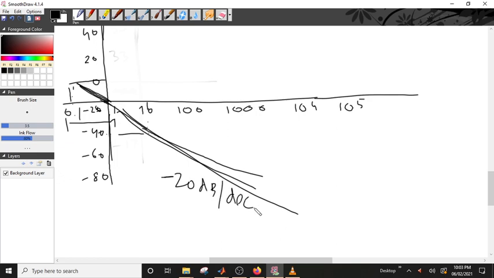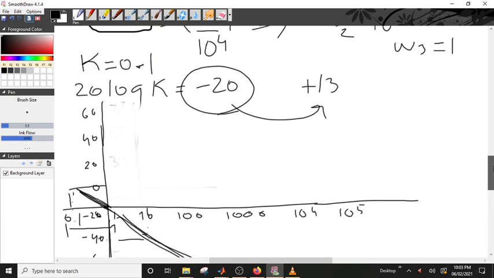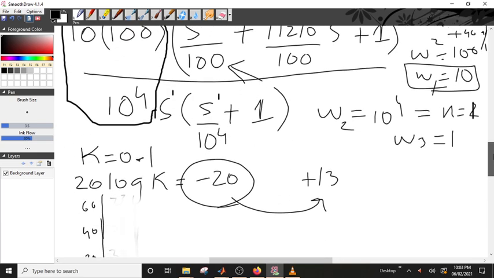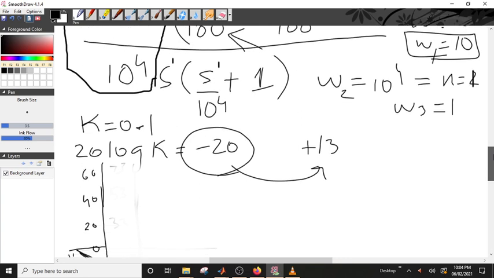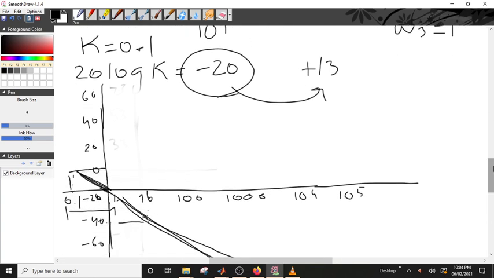Okay, the second line. We have the break frequency of 10, and this break frequency is in the form of a quadratic, so it will be plus 40 dB per decade, and it's a 0, right? The concept that I have provided was that you keep everything straight at 0 until you hit the break frequency.